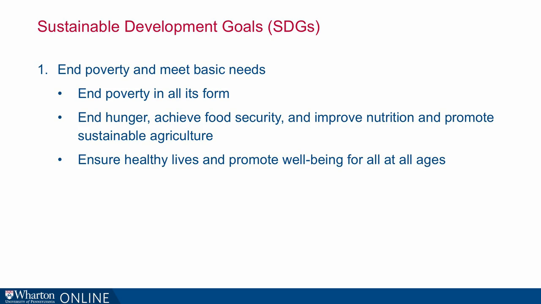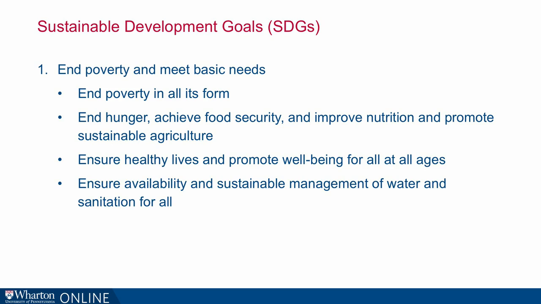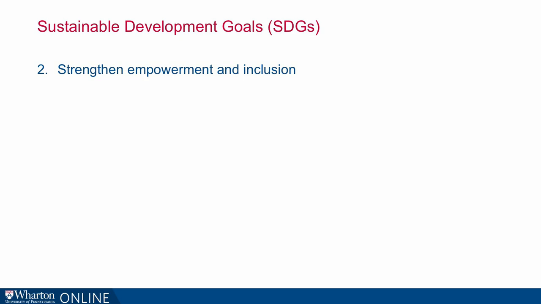Another goal that fits in this category is ensure healthy lives and promote well-being for all at all ages. And yet another goal is to ensure availability and sustainable management of water and sanitation for all. So a lot of ways to meet basic needs and ambitious goals here.